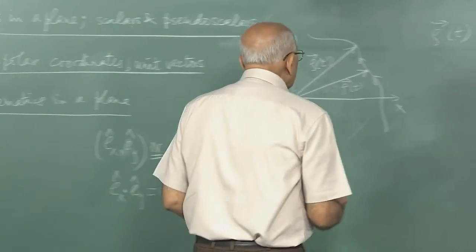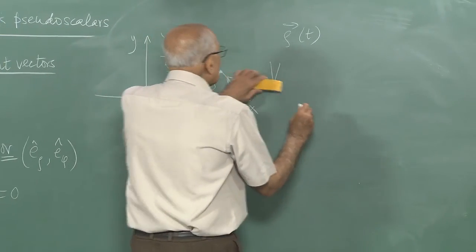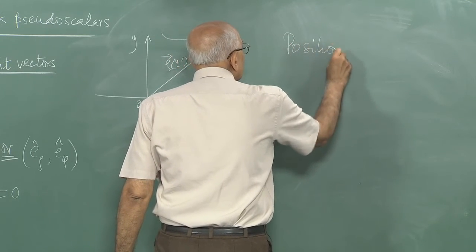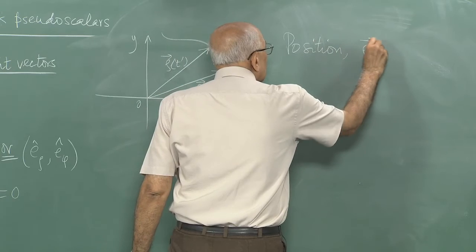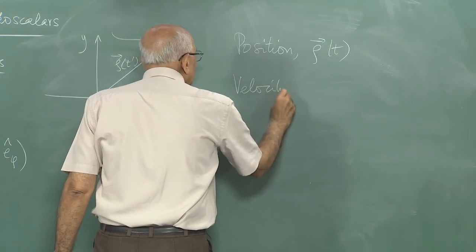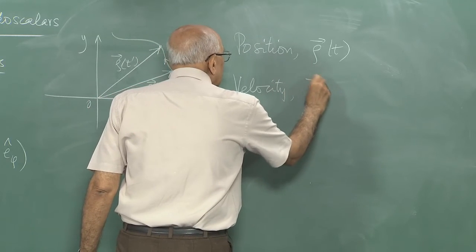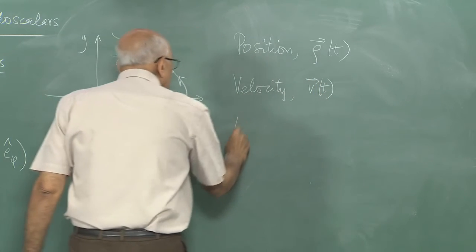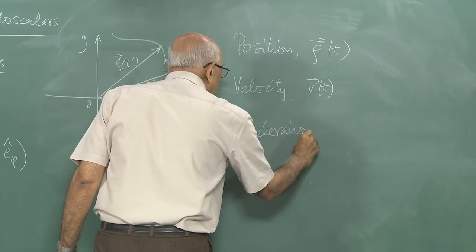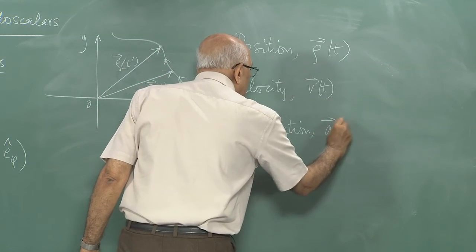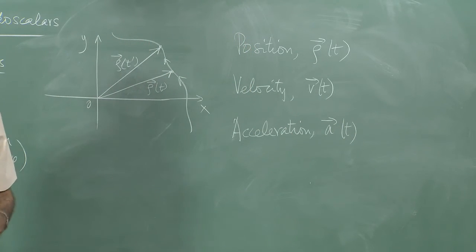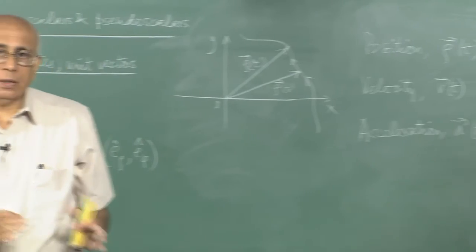So the velocity of this particle, and let us call this position rho of t, its velocity v of t, and we would also be interested in its acceleration a of t, because dynamics is going to come in when we specify the acceleration of the particle.